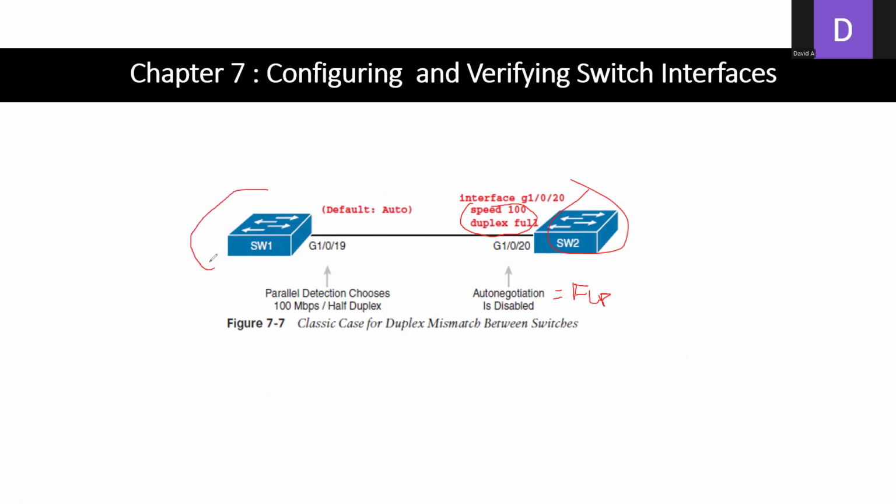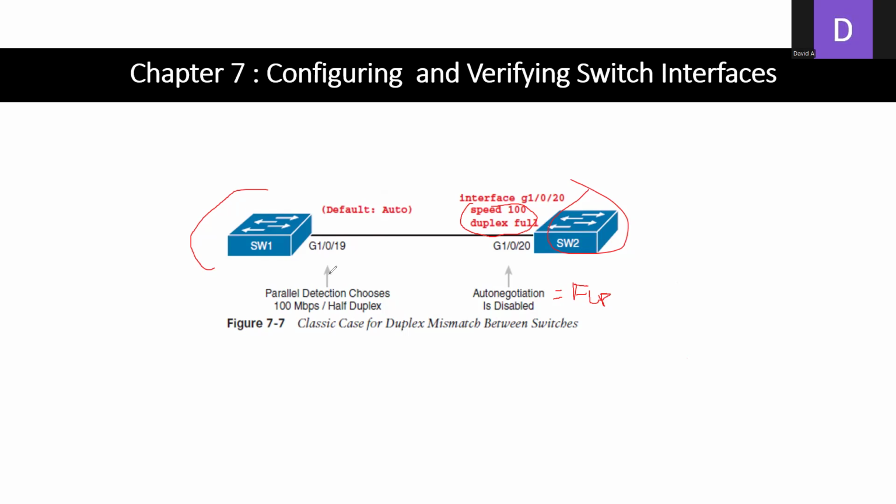Switch one moves on to use auto negotiation in the parallel detection condition, meaning it's going to sense that switch two is using 100 megabits per second. What does that mean?